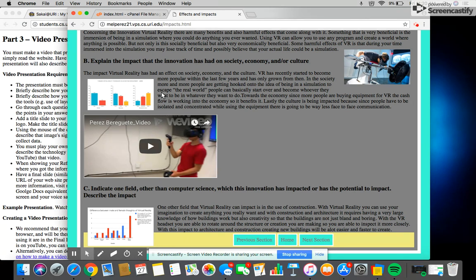So they're going to use that in order to escape to a different world and try to be something more than they are here. And in the economy, basically the same thing is going to rise. People are going to buy the equipment. There's going to be more money flow.